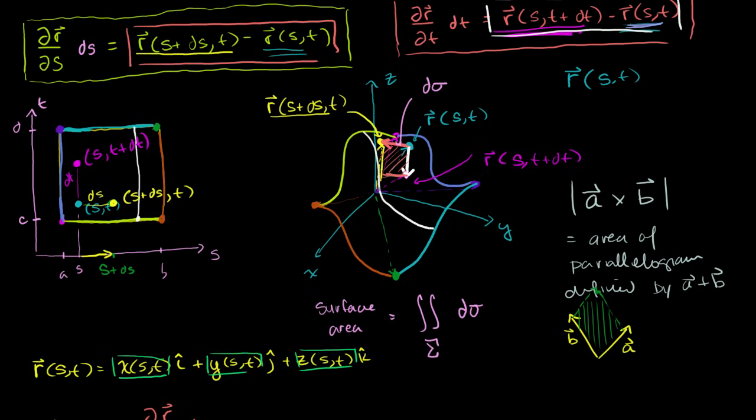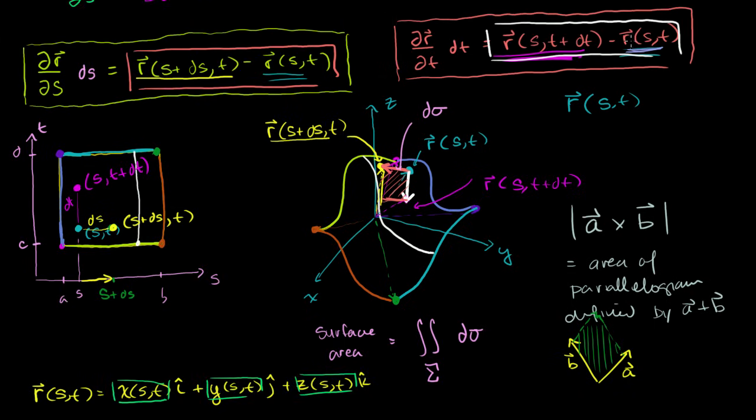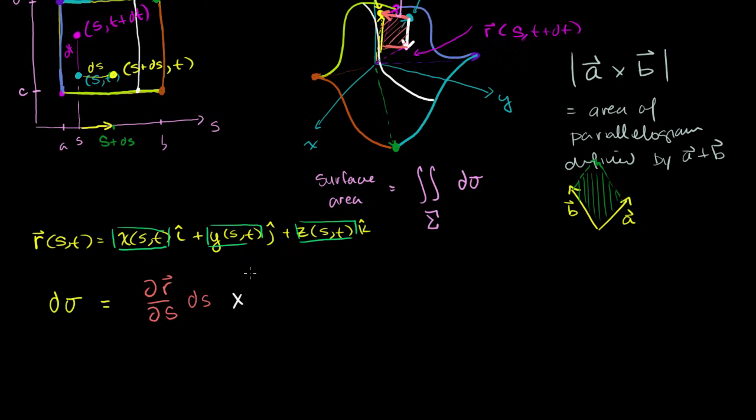This white vector is the same thing as the partial of r with respect to t dt. And we saw if we take the magnitude of that, that's going to be equal to our little small change in area, or the area of this little parallelogram over here.